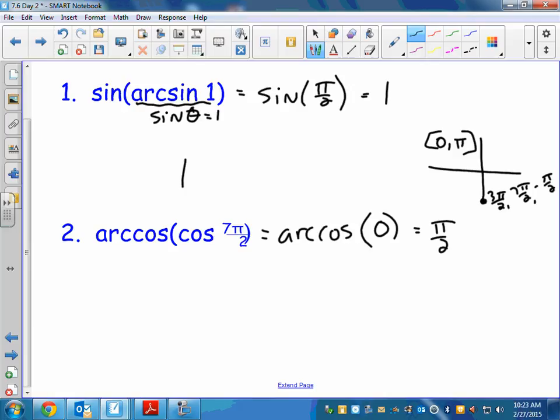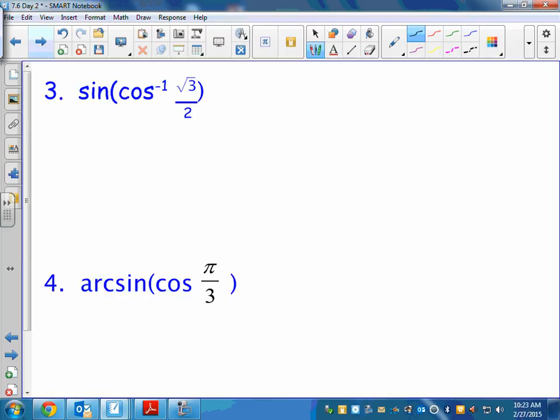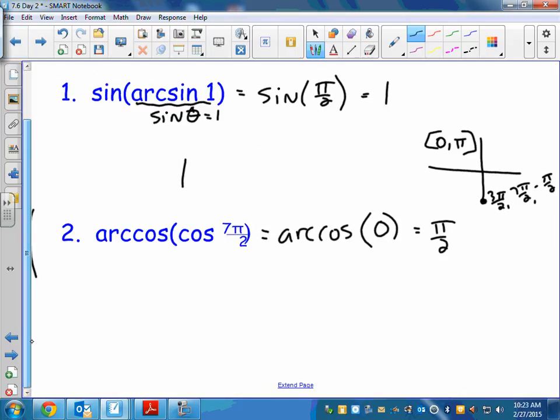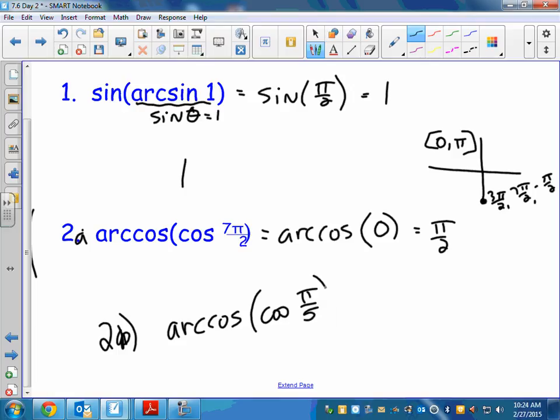What if I gave you, let's see, okay. What about this? What if I gave you, we're going to call this one 2b, I guess. That would be 2a. Arc cosine of pi fifths without a calculator.